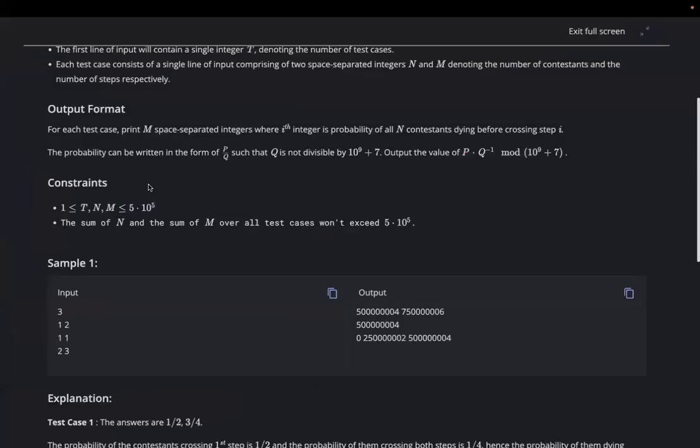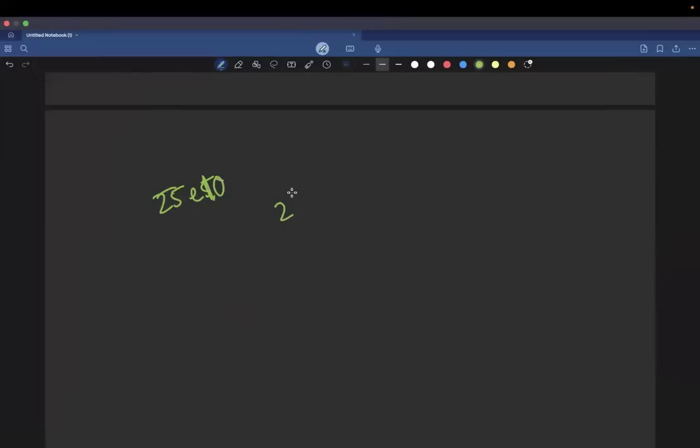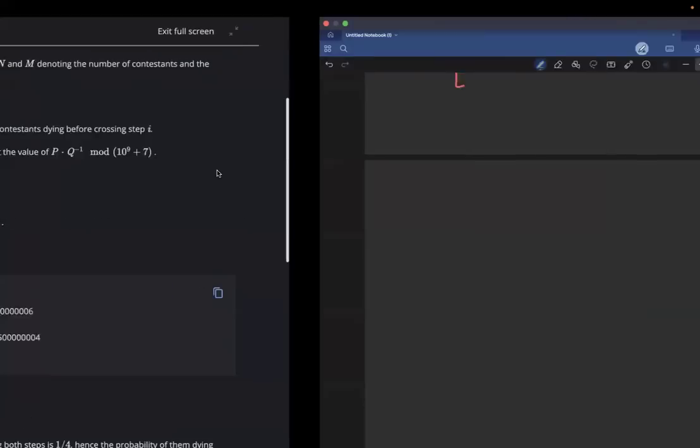N and M can go as large as 5e5. So if we try to implement the previous approach, we will have 25e10, something like 2e11 as the number of iterations, which will definitely give you TLE. So you will have to do it in a more optimized manner.